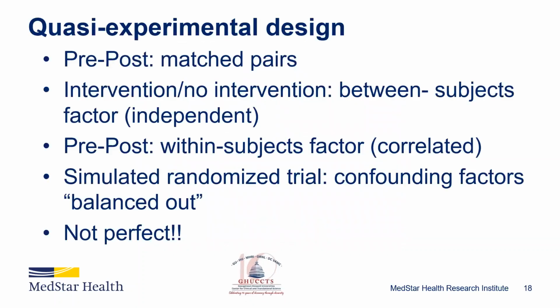Since this is basically a pre-post matched pairs design, we have the intervention, no intervention, which is what we call a between subjects factor. But the pre-post difference is what we call a within subjects factor, because that's correlated data. So hopefully our simulated randomized trial will balance out the potential confounding factors, all of the factors that were in our table that were included in our regression equation.